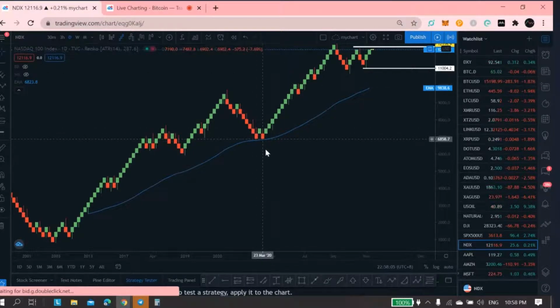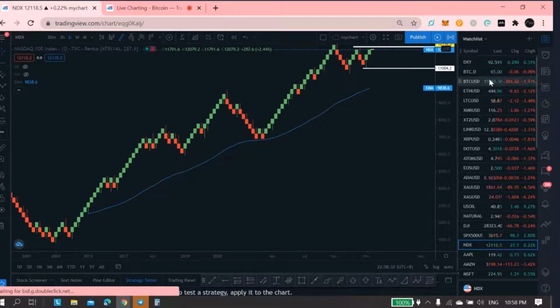If it crosses down, that's bearish and they call it a death cross. Since I'm just using a free subscription, I cannot add another EMA or SMA here. So you can just try to add.